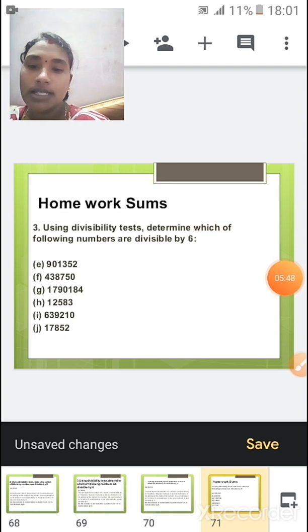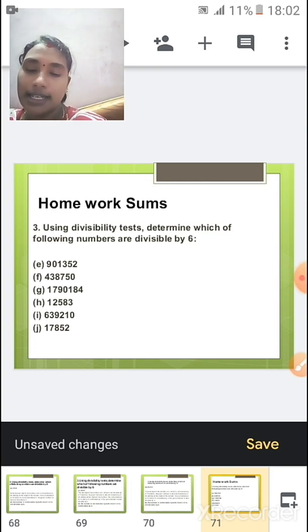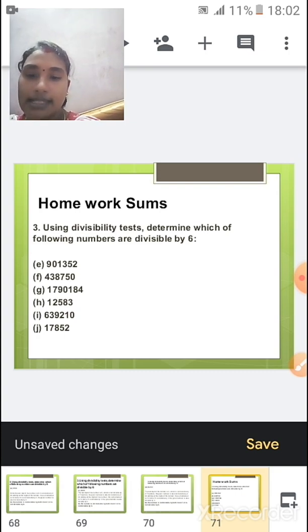So let me repeat. H sum: 1 lakh 2,583. And next we have 6 lakhs 39,210.